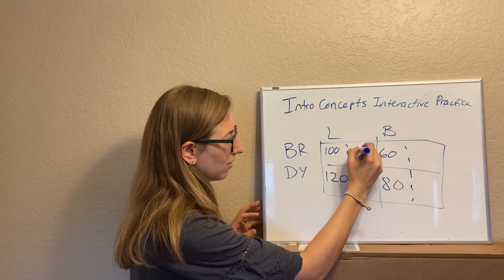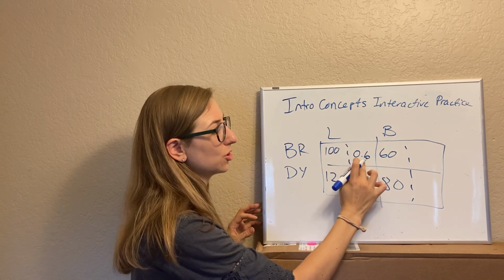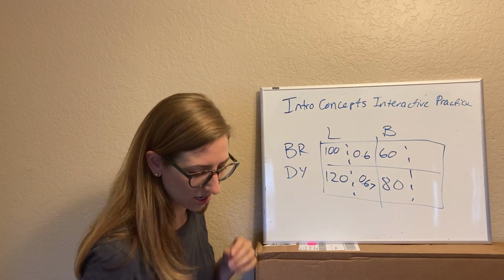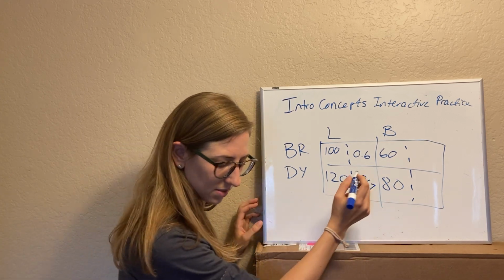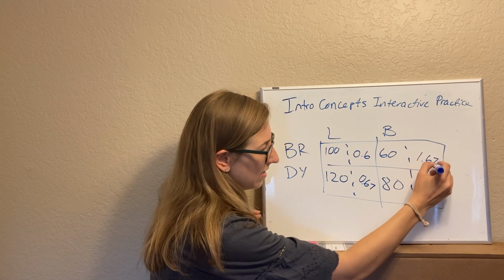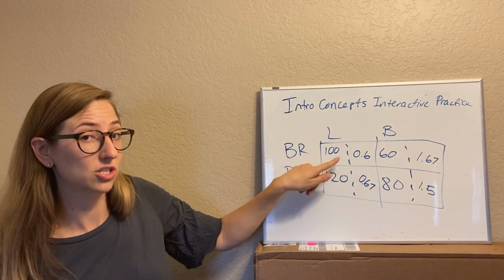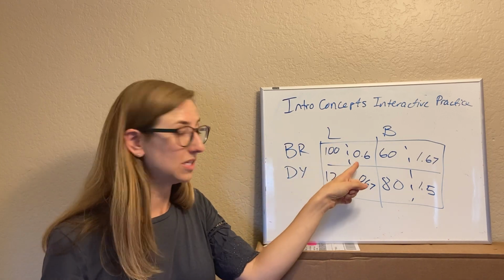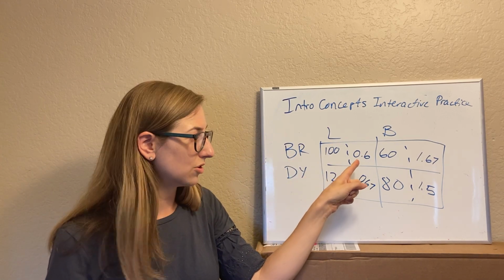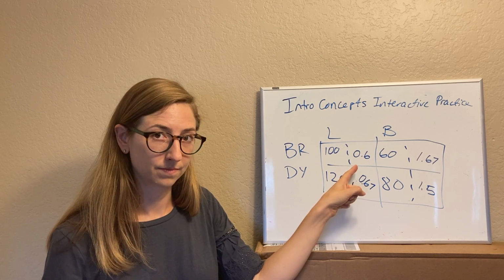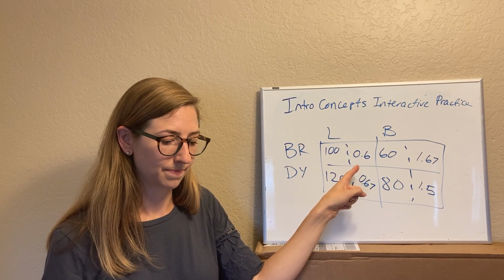For BlackRock it's 0.6, and 0.67 for DeYoung's, and 1.67, and then 1.5. Just like we did for Devin and Piper, remember what these mean. Say to yourself what it means for every. Pause the video if you need more time.